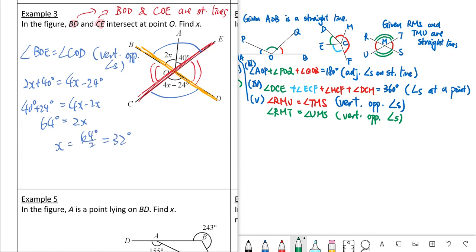Okay, very simple. And then for the next 3 examples, maybe I will do them in the next video, since the first 3 over here are direct applications of the 3 properties that we have learned in 8.2.